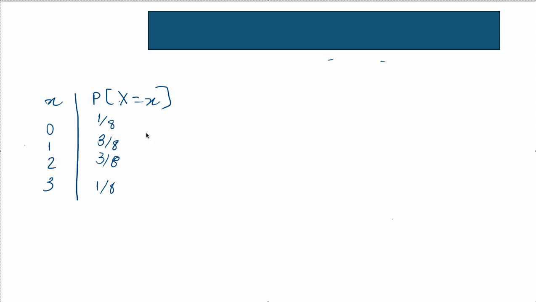So we can ask questions. For example, the probability of X being equal to 2 or X equal 1, right? What is that I'm asking? Well, it's the probability of having 1 heads up or 2 heads up, right? And if you have the table, you just go and retrieve these values from the table.